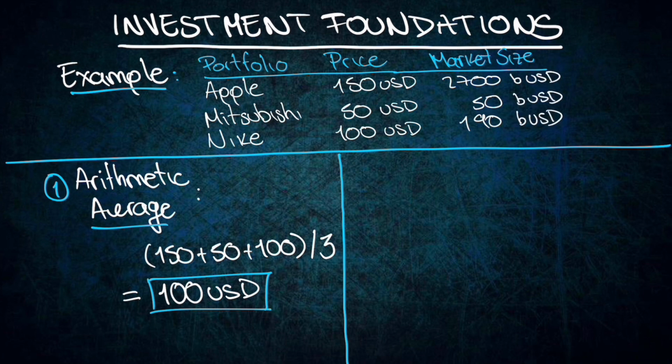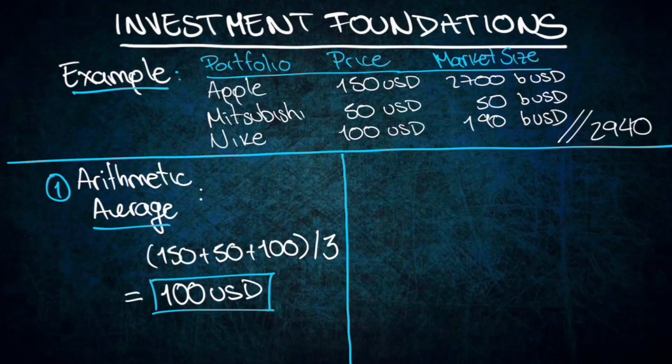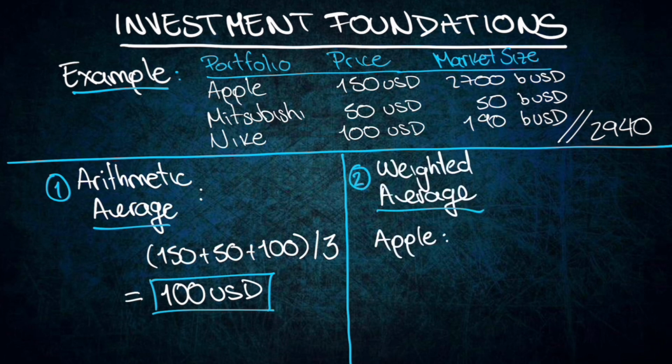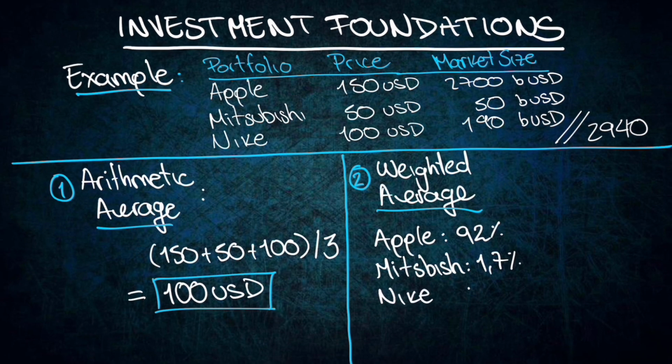The total market value of the whole 3 companies is around $2,940 billion. So if we divide the total market value of Apple by the total market size of our portfolio, we are going to get that Apple corresponds to 92% of this piece. Mitsubishi accounts for approximately 1.7% and Nike for the rest.